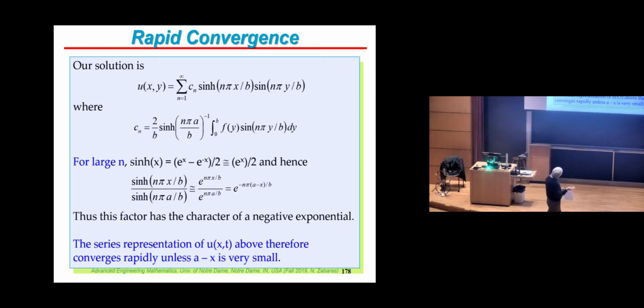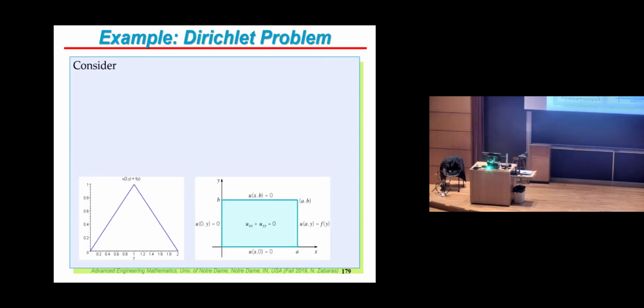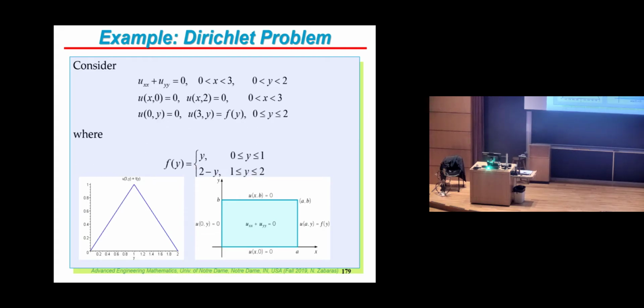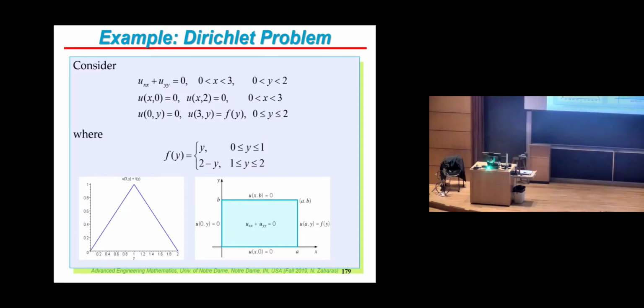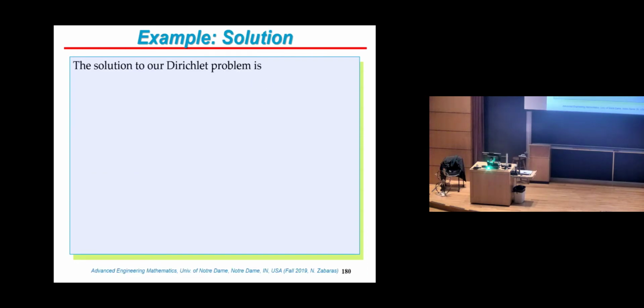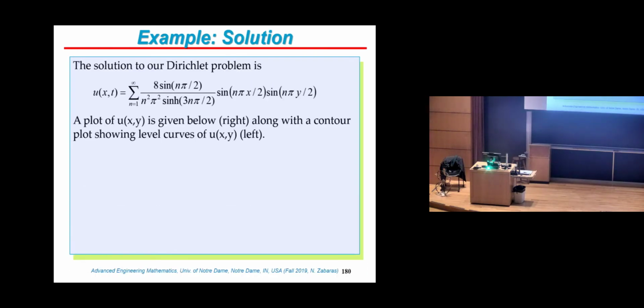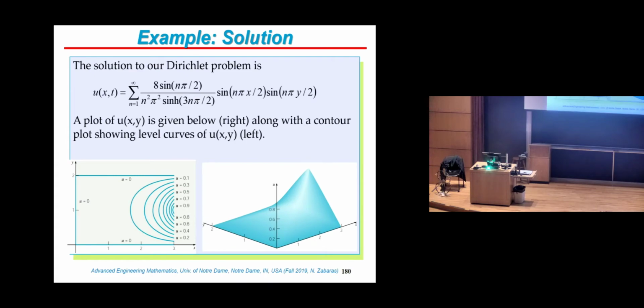It is not apparent, as we have seen before, from having 1 over n or 1 over n squared or something like that. Let me show one little example. If the function f of y looks like this triangular shape from 0 to 2, and x is from 0 to 3, so that's my domain, you can do all the calculations and evaluate u of x and y.